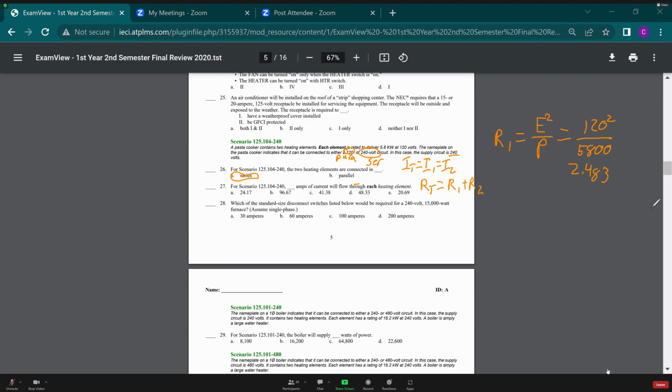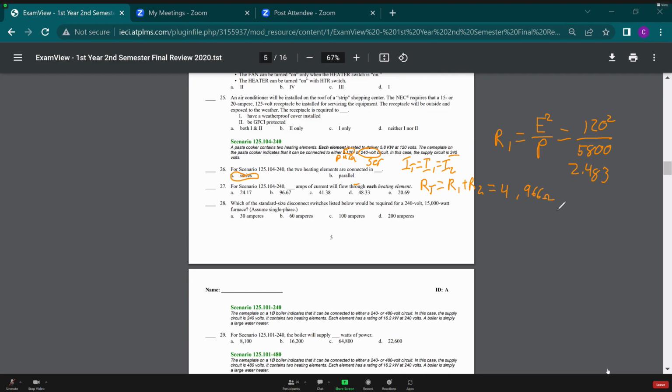If we want to find resistance total, I'm going to multiply that by 2 on my calculator. That's because R1 and R2 are exactly the same. And I got an R total equaling 4.966 ohms.